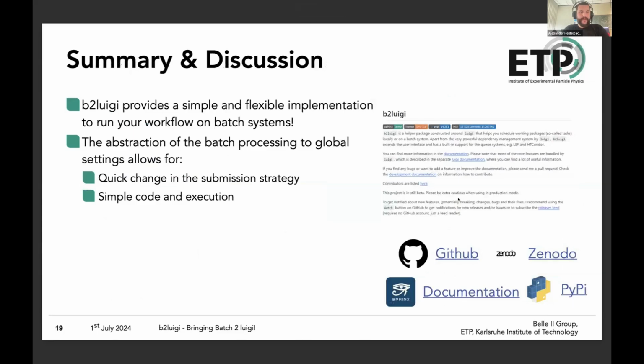So to summarize, b2luigi provides a simple and flexible implementation to make your analysis workflow life a little bit easier with the help of batch systems. And this was mainly achieved through the introduction of the settings, which lead to a quick change in submission strategy, and makes the code and execution a little bit simpler than it used to be before.